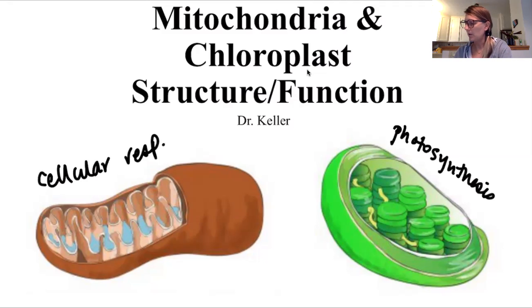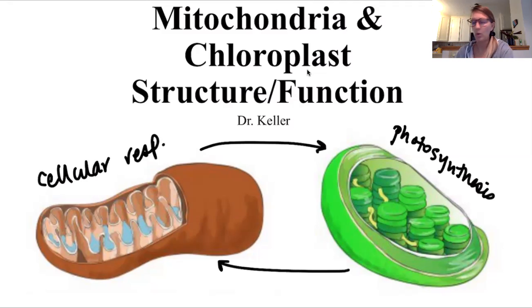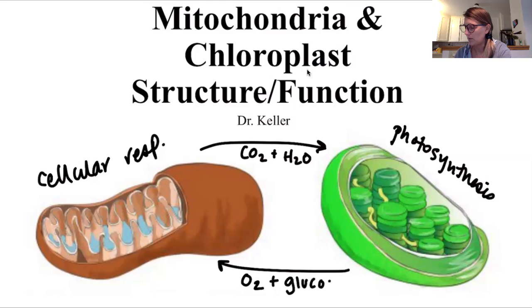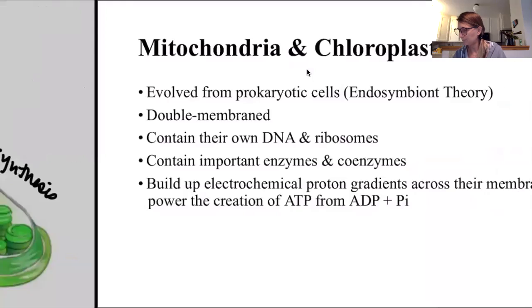Remember, these are reciprocal reactions: cellular respiration gives off CO2 and water, which are needed for photosynthesis, and photosynthesis gives off oxygen and glucose, C6H12O6, which are necessary to run cellular respiration. So they really go hand in hand.